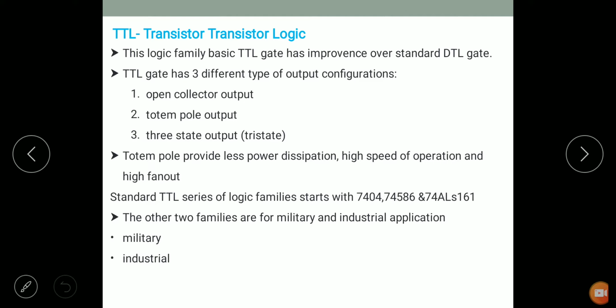Classification of logic families. The two basic techniques for manufacturing ICs are, first, bipolar technology and second, unipolar technology, that is unipolar devices, metal oxide semiconductor technology. The bipolar logic families have two types, saturated and unsaturated.